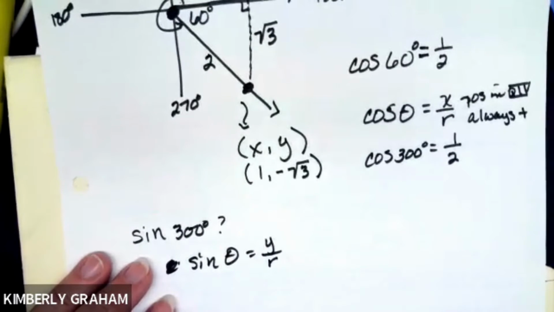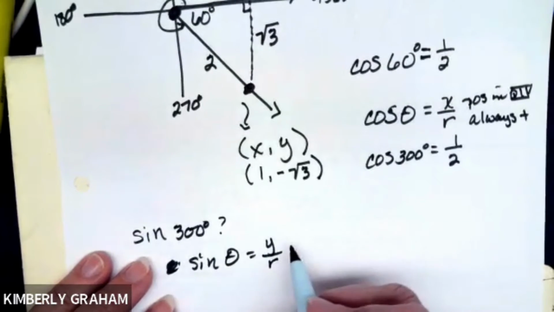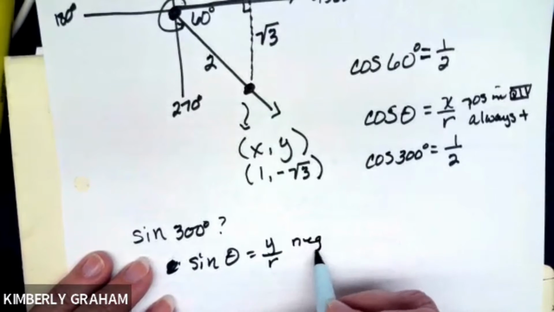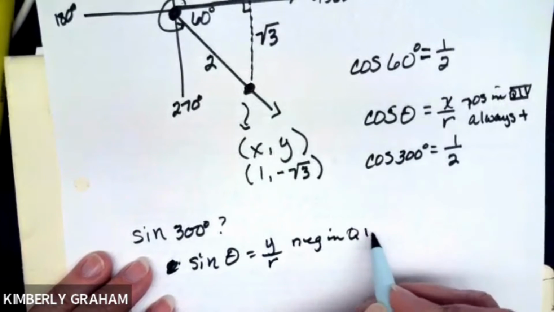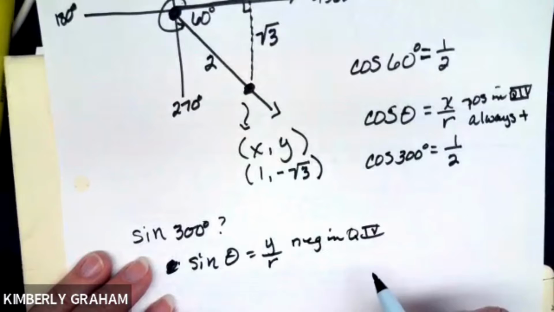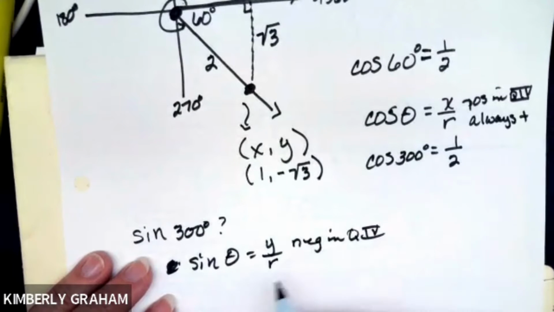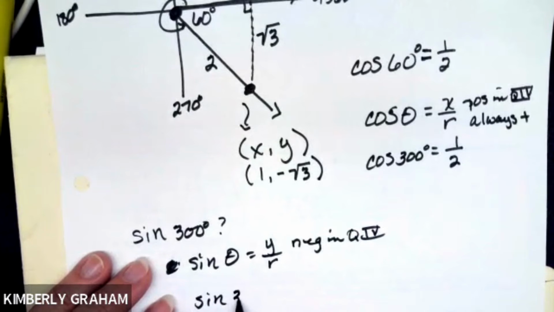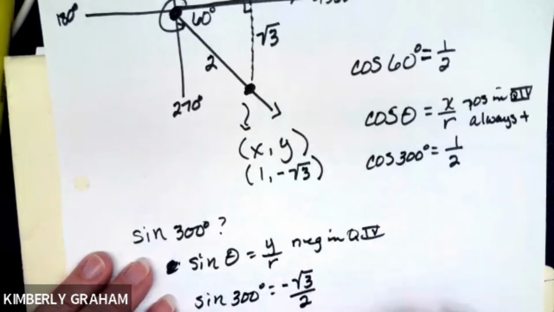When I'm in quadrant 4, my y value is negative. So in this case, the sine of 300 degrees is negative the square root of 3 over 2.